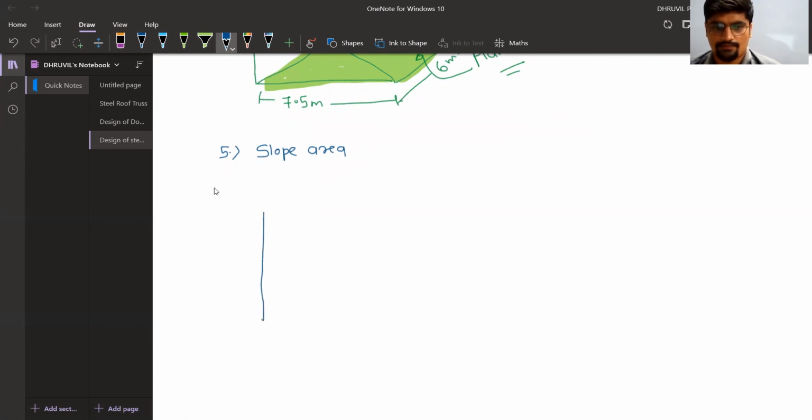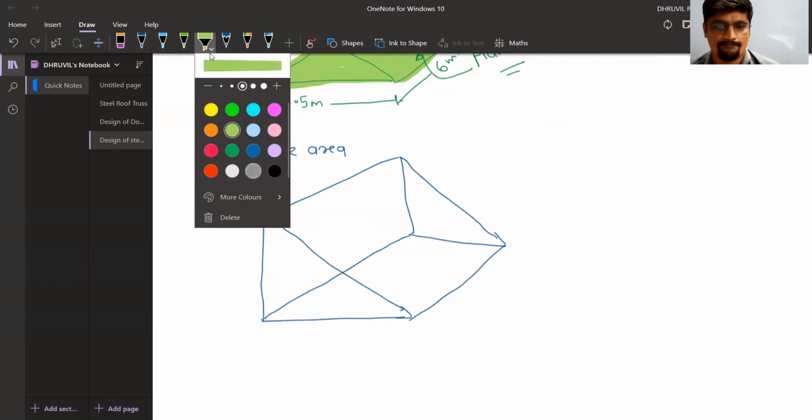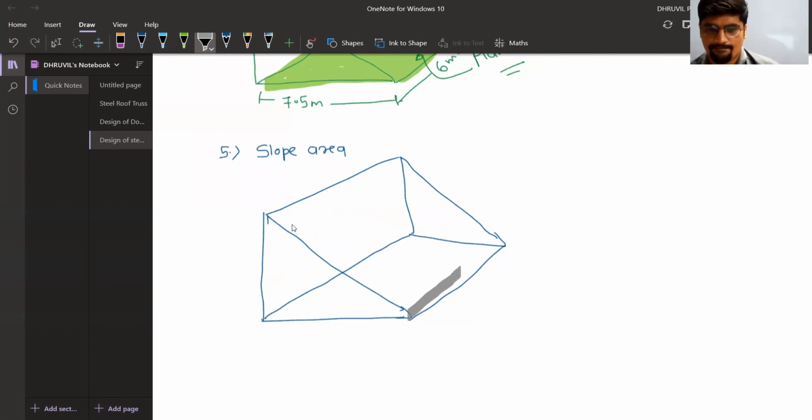If this is the roof truss, then the slope portion is like this, the top sloping portion.